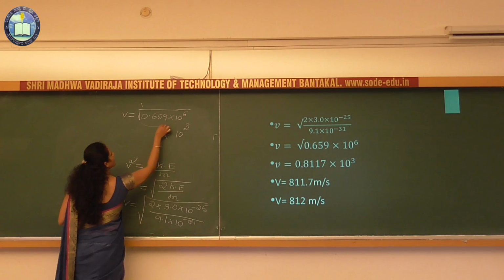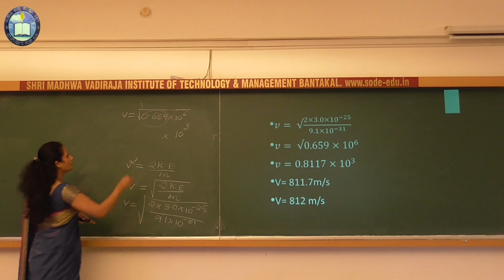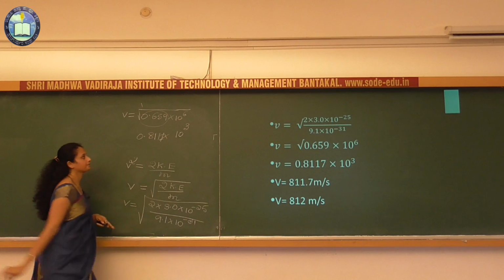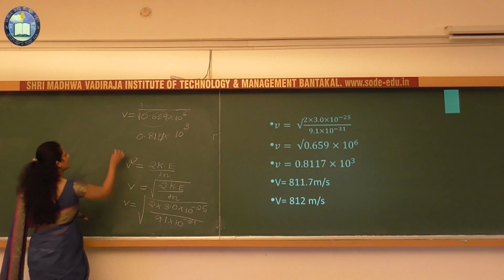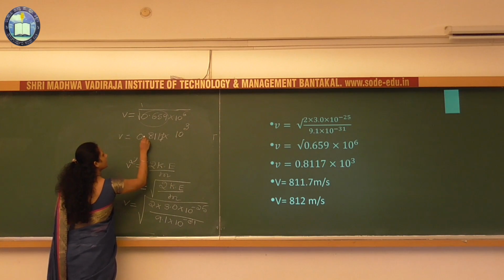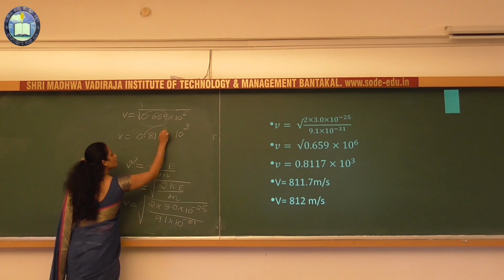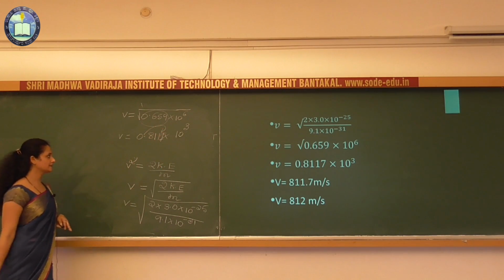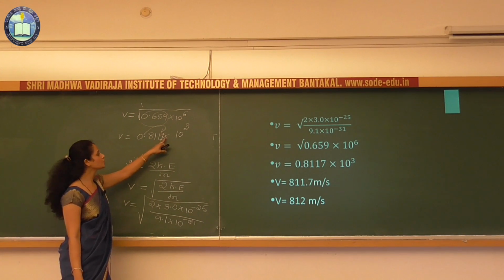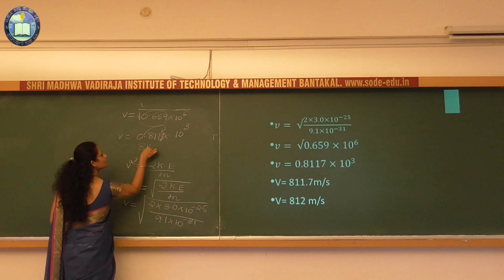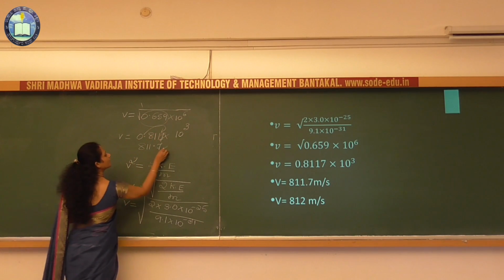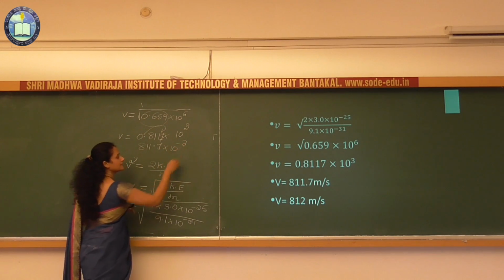Then if you take the square root of this term, we will get 0.8117. V is equal to, shift the decimal point towards the right by 3 places, so that 811.7 into 10 to the power minus 3 into 10 to the power 3.